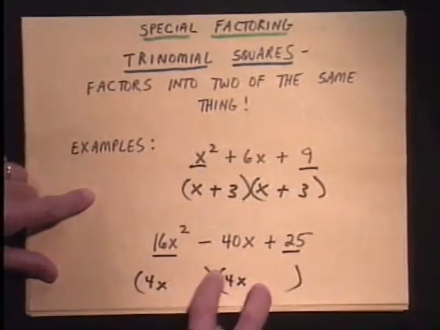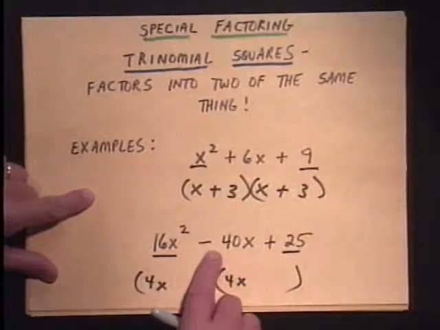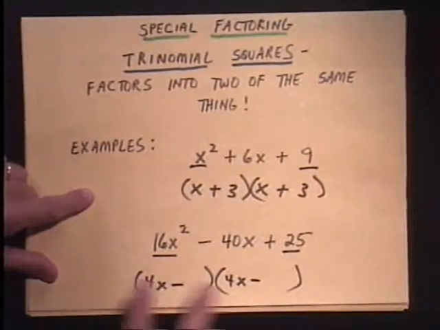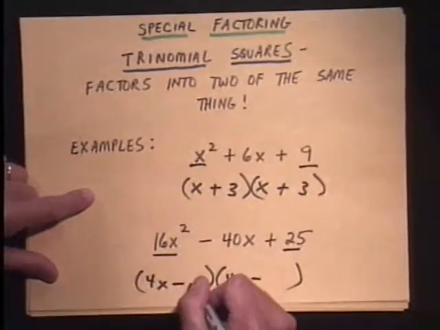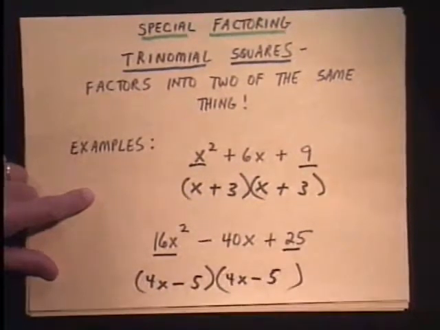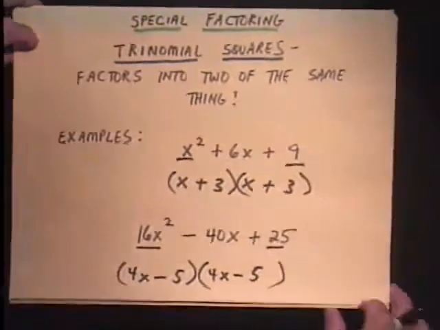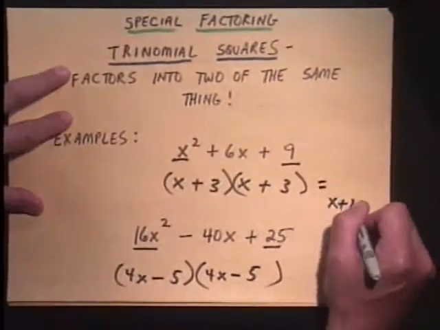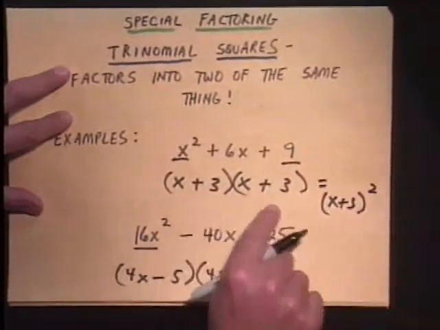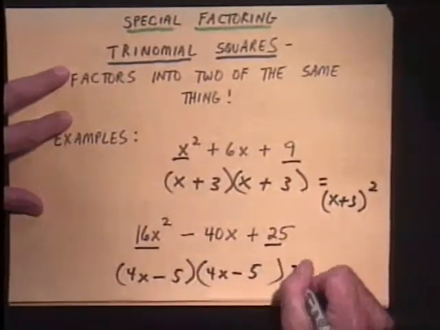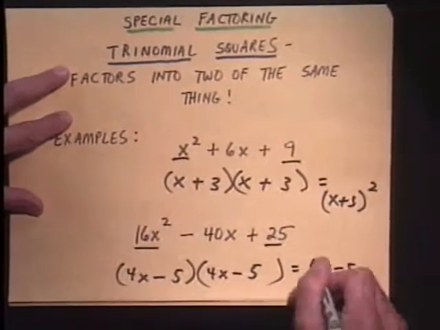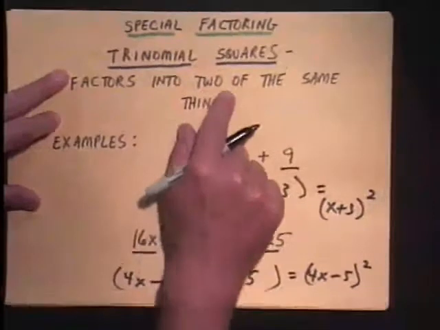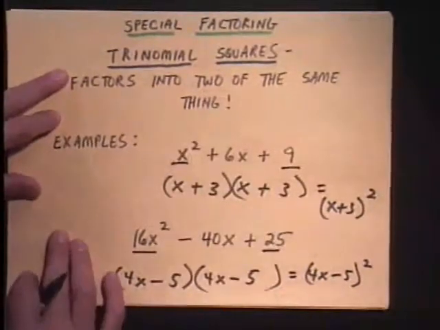In this case, since we have a plus on the end and a minus in the middle, we're going to have to go with minus, minus there. And then what gives the 25? 5, 5. And again, we can write both of these answers sophisticatedly, like when you look in your algebra book. This first one might say x plus 3 quantity squared because there's two of them, or this one might say 4x minus 5 quantity squared. So these are special factoring trinomial square problems. Very quick to do, aren't they?